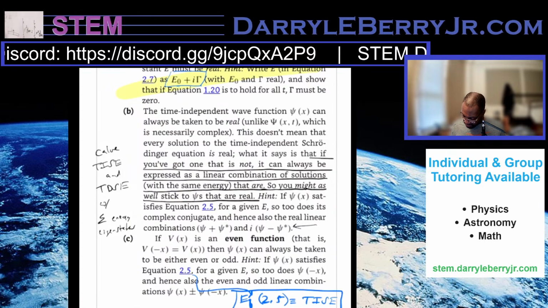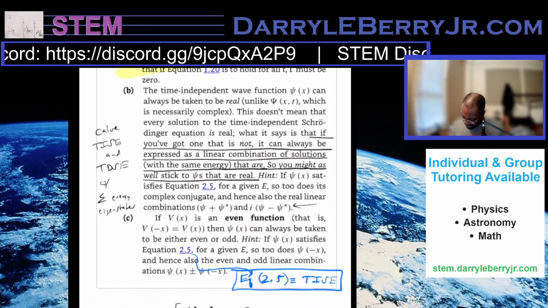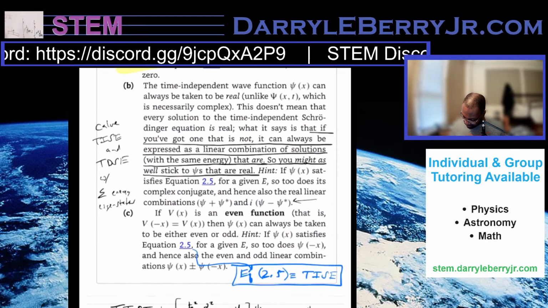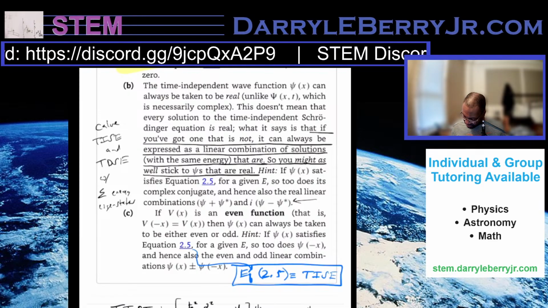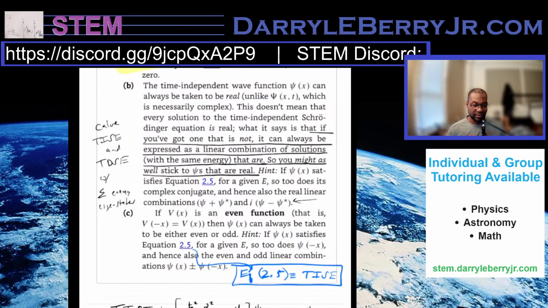If psi of x satisfies 2.5 for a given E, so too does psi of negative x, and hence also the even and odd linear combinations. Okay, so let's see how they prove this.